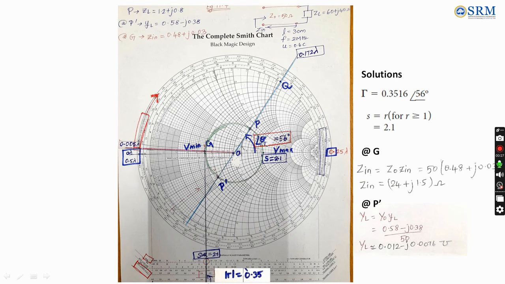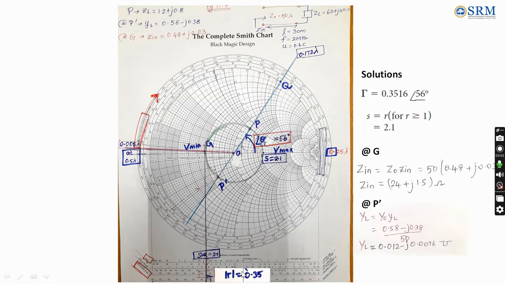Only towards the left hand side the scale is available, so we can draw a straight line, and wherever the straight line is touching these scales, we can see the SWR value is 2.1. Closely it is the same. Based on here also we can find it is 2.1. Wherever it is meeting the real part of the reflection coefficient axis, that is also 2.1. Here also the scale is the same, we can cross check.